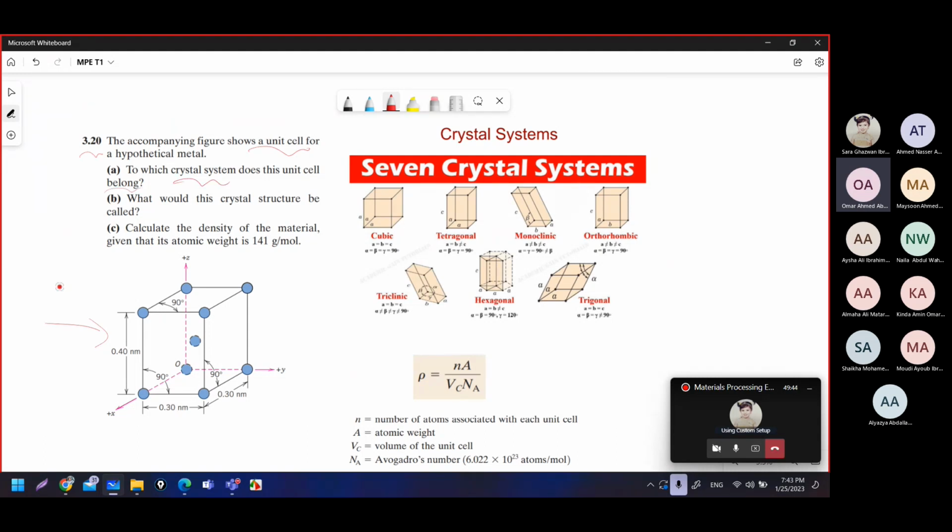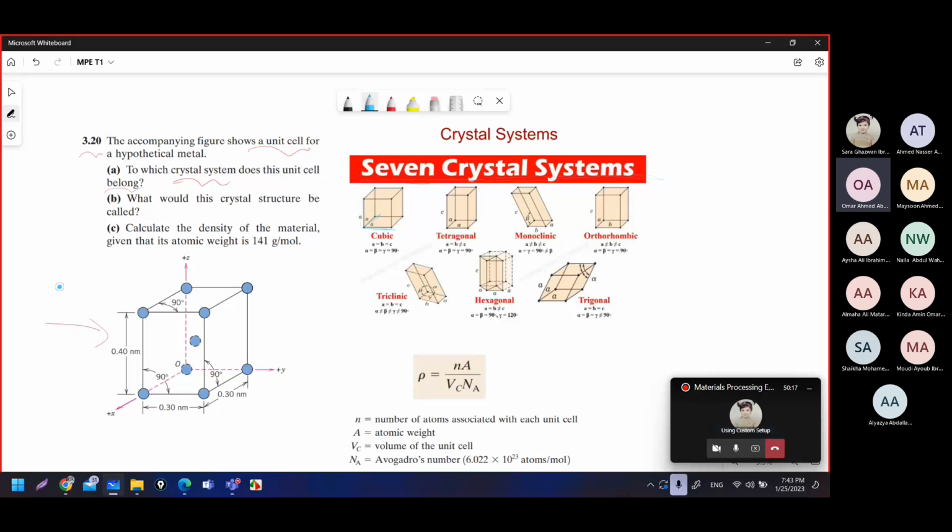If you saw the slides, you have 7 crystal systems, based on the configuration or the dimension of the edges of the cell and the angles. As you can see here for cubic, the BCC, FCC, always we have that the edge length is A.